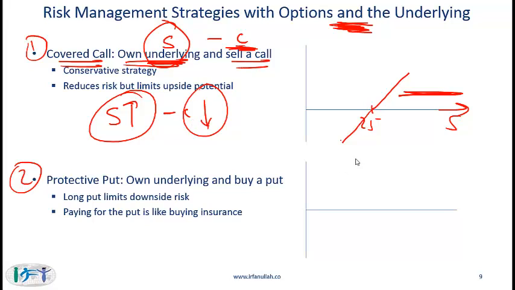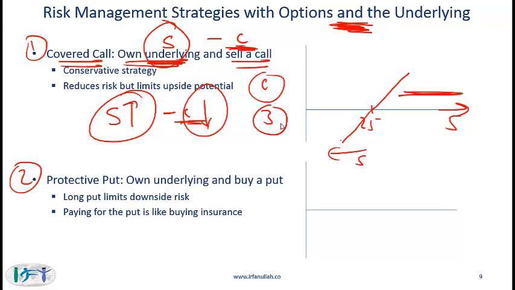What about if the stock price falls? If the stock price falls, clearly you are losing money, but the loss will be somewhat buffered by the money that you make on the call option. When you sell a call, you get some money. So let's say you sold a call for $3, you get $3.